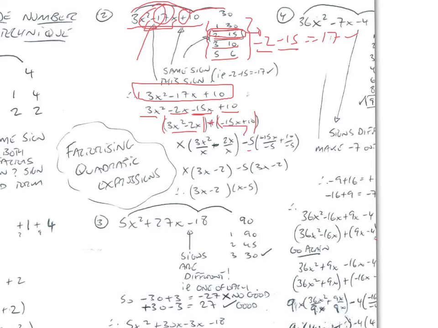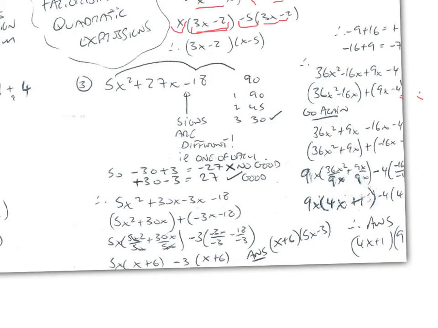So the common factor here is minus 5, so we write minus 15x over minus 5 plus 10 over minus 5. Minus divided by minus is plus, 15 divided by 5 goes 3, so 3x, and here plus 10 divided by minus 5 is minus 2. So our standout factor is 3x minus 2, and the other factor is x minus 5.